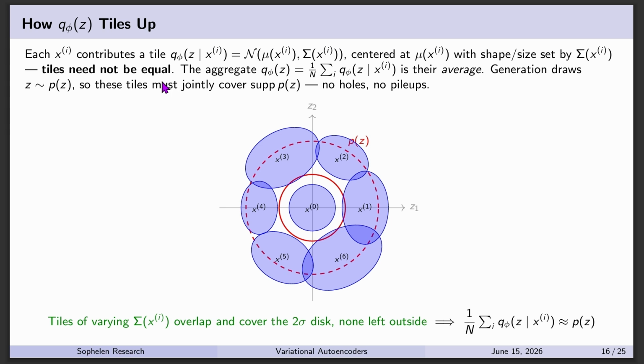Now, these tiles need not be equal, but they need to cover the prior Gaussian blob, because remember, we want to use this for image generation. So again, each data point or image goes to a Gaussian blob, and on average, they should be equal to the prior, which is the Gaussian blob at 0 with identity covariance.